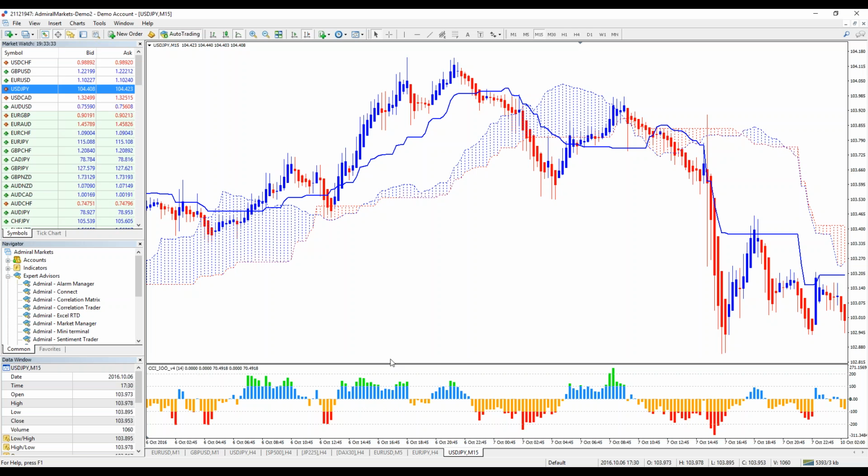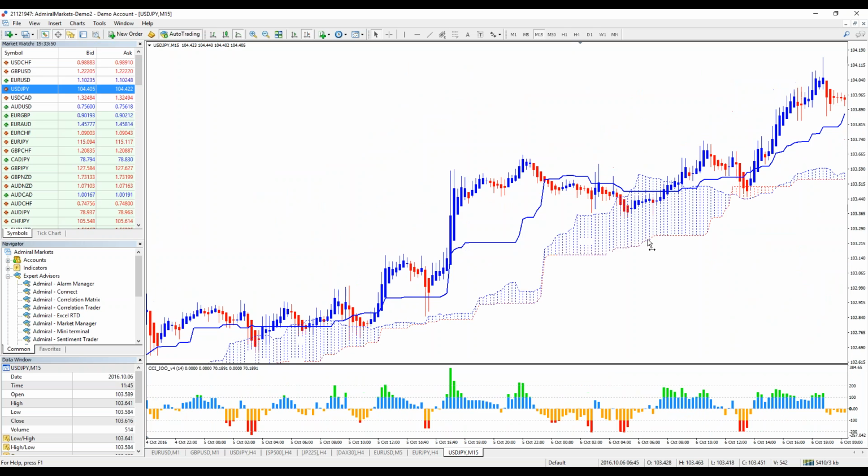Now, the use of CCI, some traders use it for overbought and oversold zones. We will be using CCI, because it is a leading indicator, in this occasion to spot momentum, guys. So this is for spotting momentum, not as an overbought and oversold indicator. That is what I have also modified.